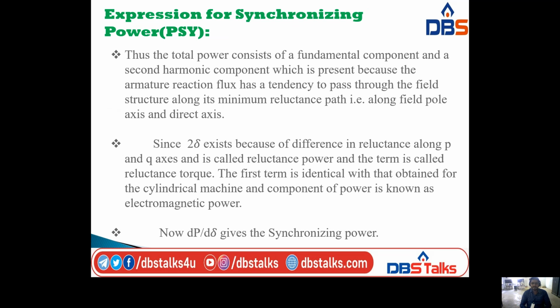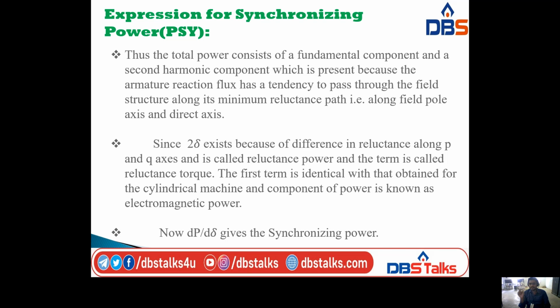And thus the total power consists of a fundamental component and a second harmonic component, which is present because the armature reaction flux has a tendency to pass through the field structure along its minimum reluctance path, that is along the field pole axis and direct axis. That's why I am taking XD and XQ like that.